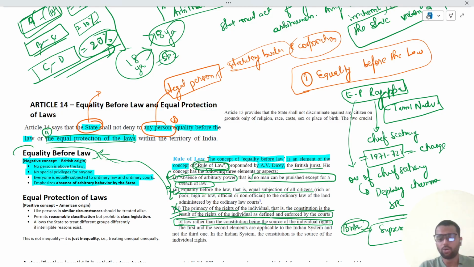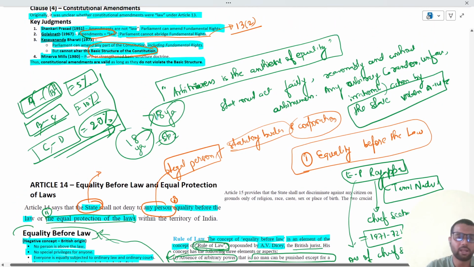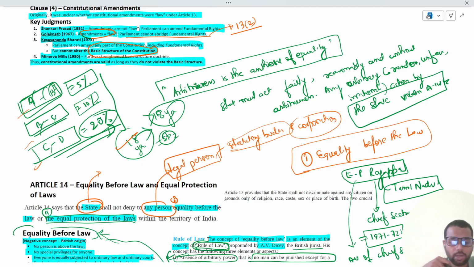So now, what we are talking about is why we have legislation for different categories or different groups of people. We have seen above in the example that for people above 18 years of age, we have a different legislation. For this group of people, we have different legislation. Why is that allowed? Before you make laws for a group of people, treating them differently, you have to ensure three things.